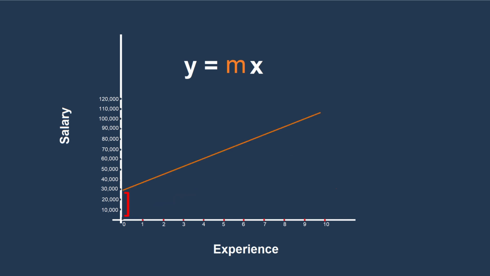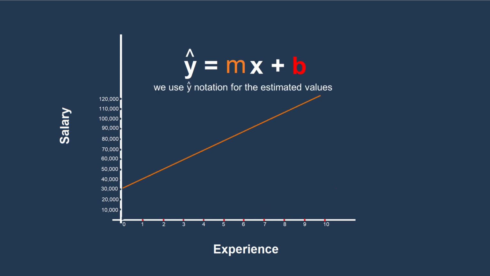But remember, there's also a starting point for our salary, meaning a person with zero experience can't be paid 0 rupees. And that's why we add the base, or in mathematical terms, a y-intercept. So my y, which is my estimation of that salary, can be given as mx plus b. I'll just call it y equals ax plus b.